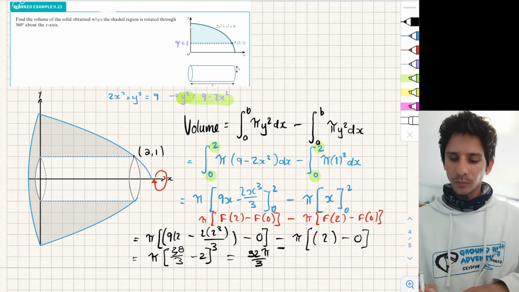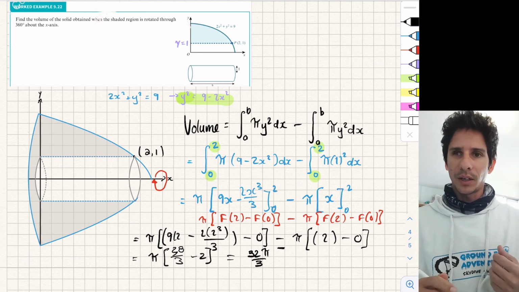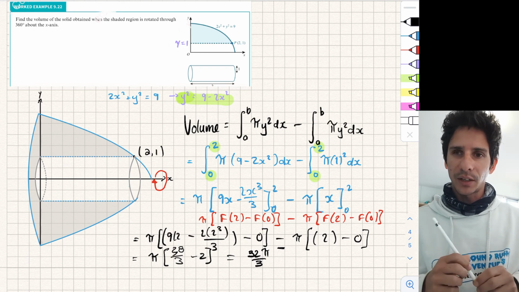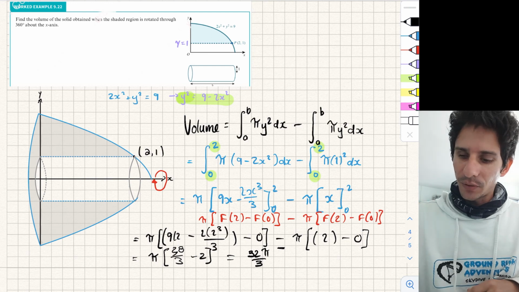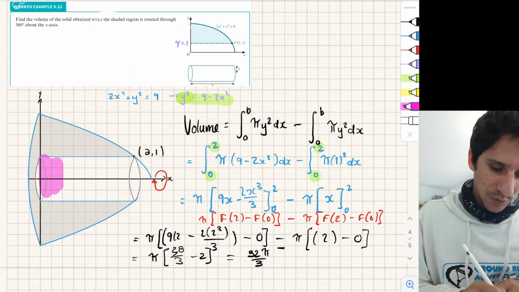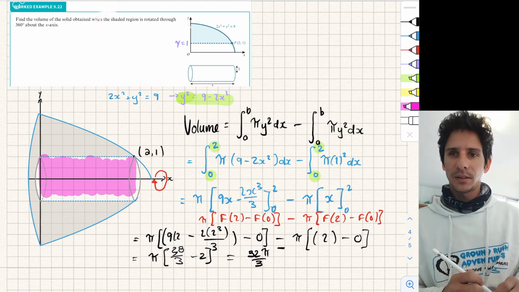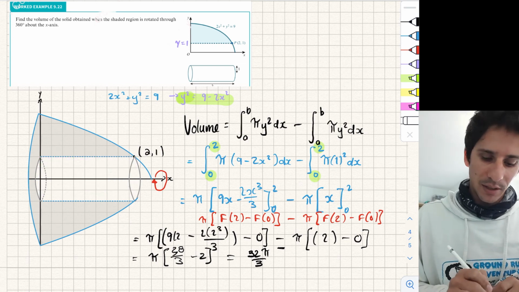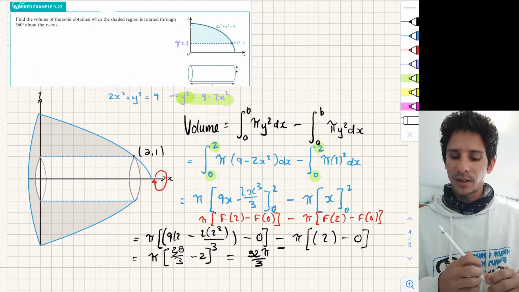That gives you the volume of, if you look at my graph, the shaded region. We've taken the volume of the whole thing, and then we are subtracting the volume of the center, and that gives me the gray area.